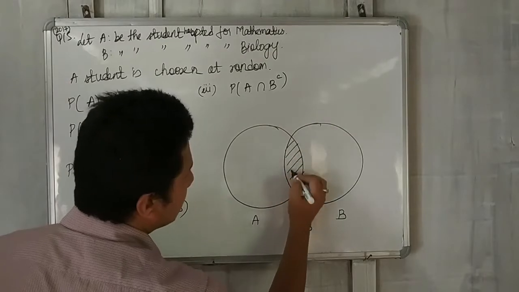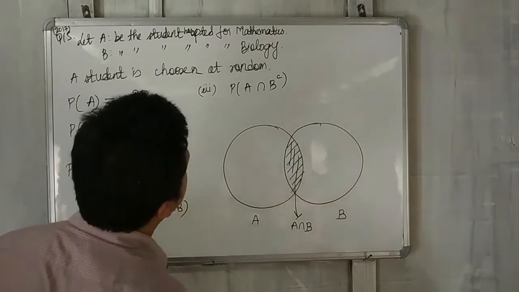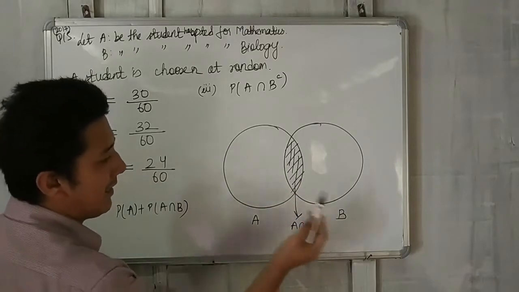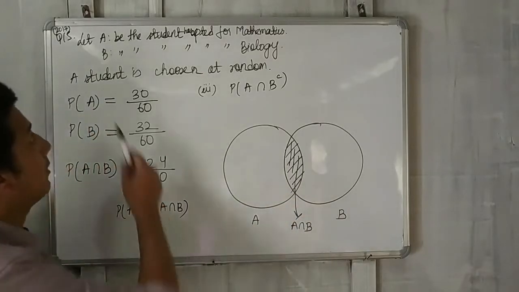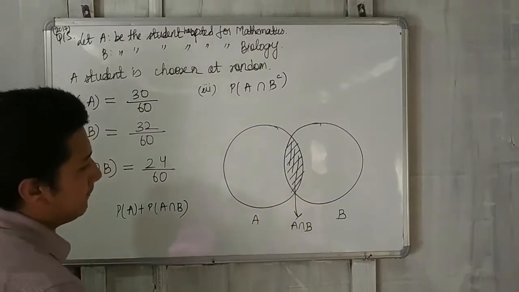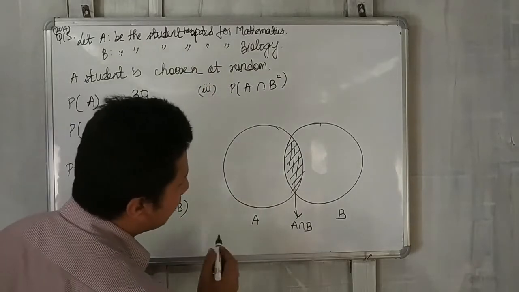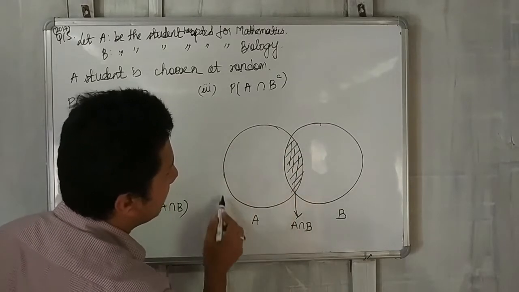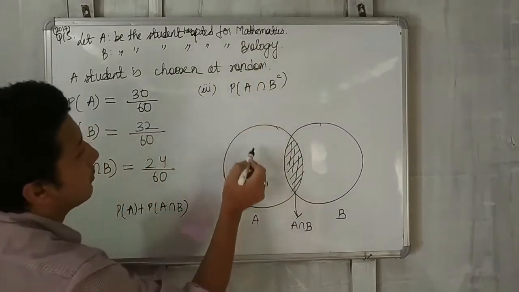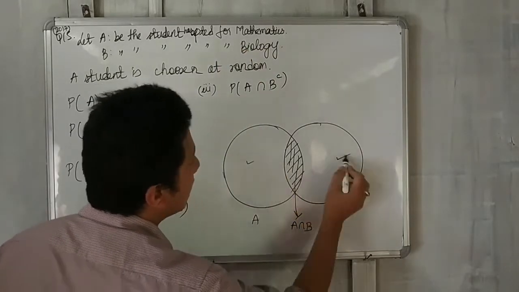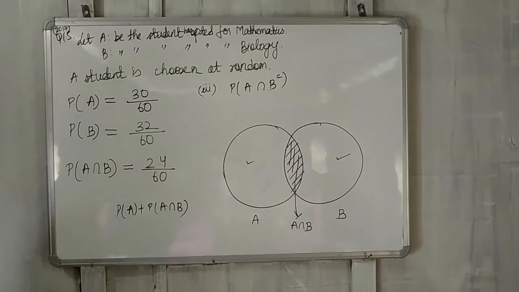So this region is the students, that is 24 students, who have opted for maths as well as biology. A is for maths and B is for biology. If I only see this much, this is only the portion of students who have taken maths, and if I see only this section, this is the portion of students who have taken biology.